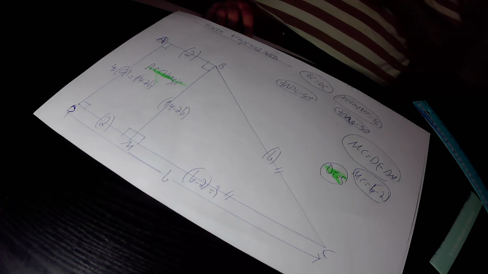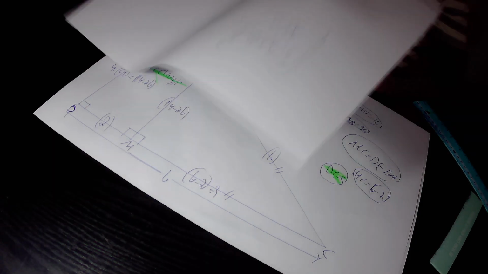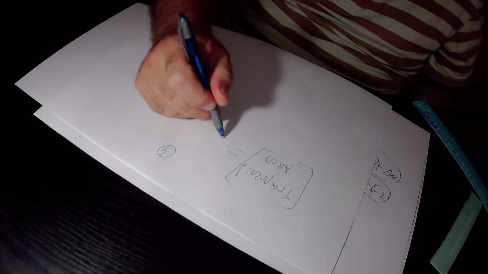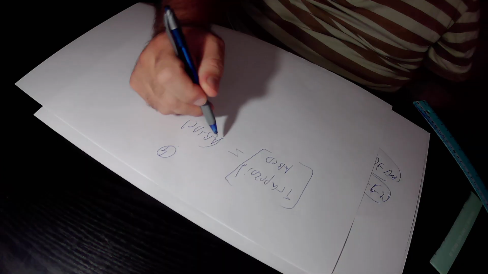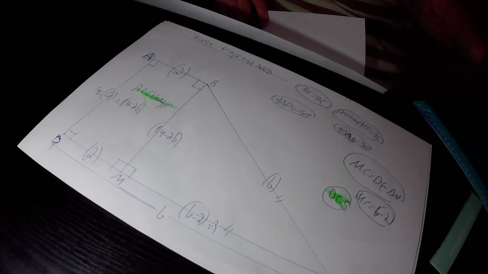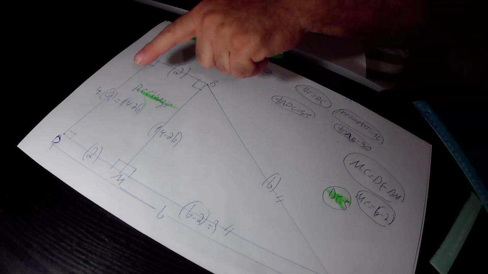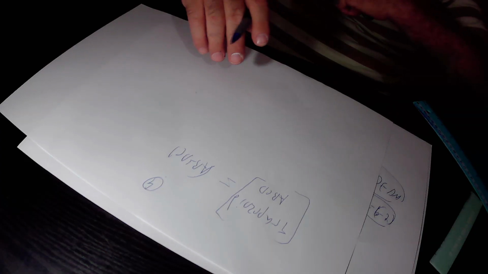So the area of trapezoid ABCD equals the sum of its 2 parallel bases, that is AB plus DC, times the height. The height is AD, divided by 2.